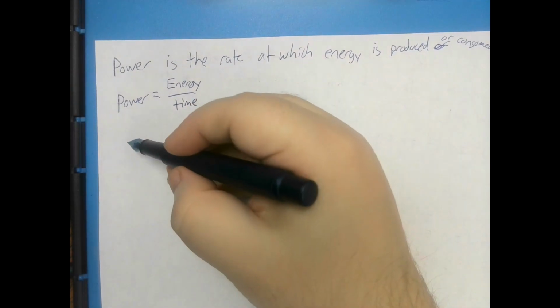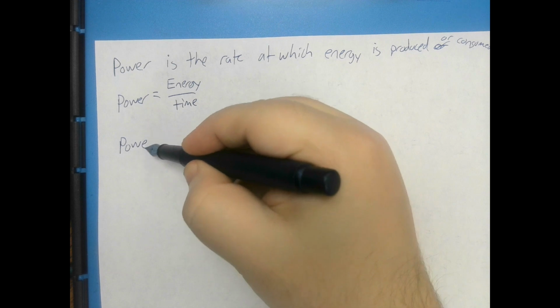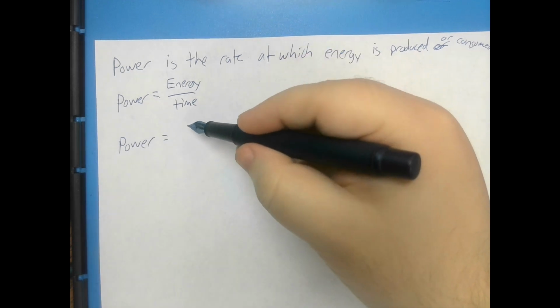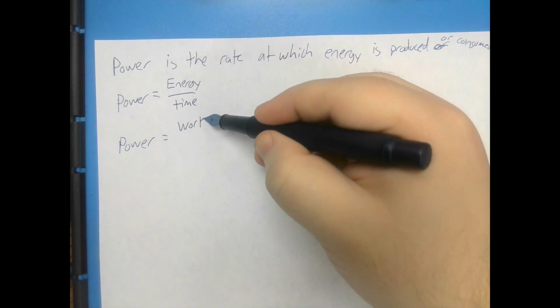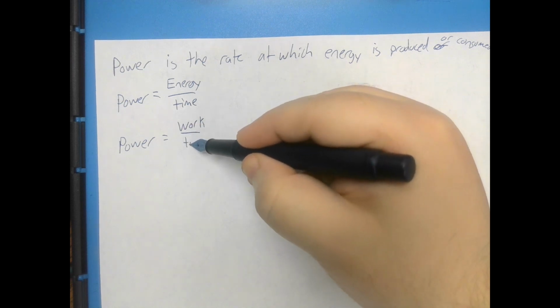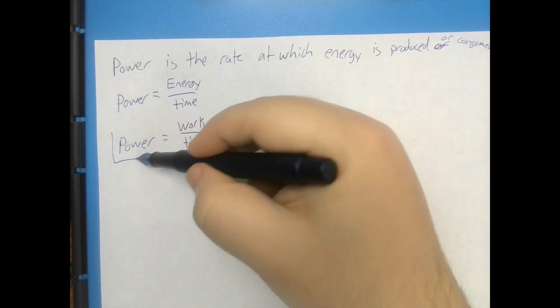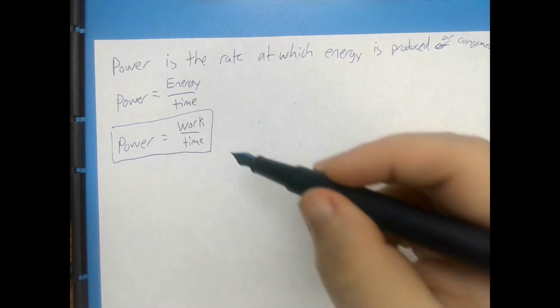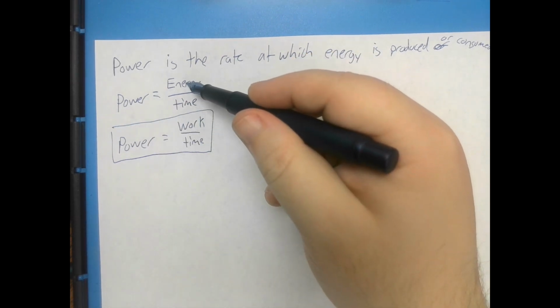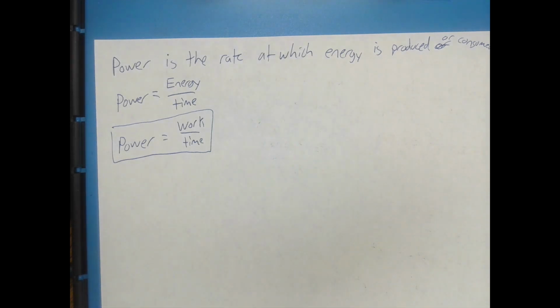However, we're going to use this equation: power equals work over time. This is an equivalent equation. Remember that work is just a change in kinetic energy, and because energy is being produced or consumed, it's moving, and kinetic energy is the energy of motion. So another equation for power is work divided by time.